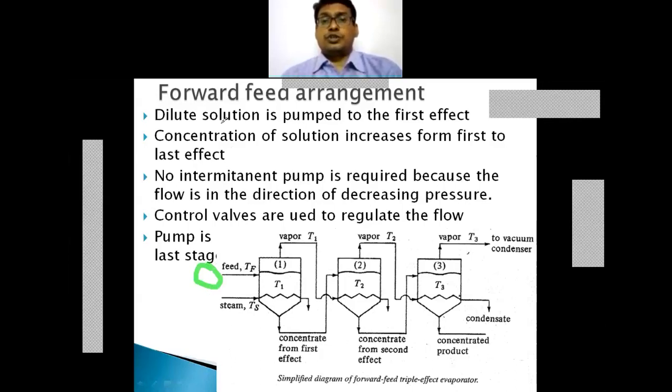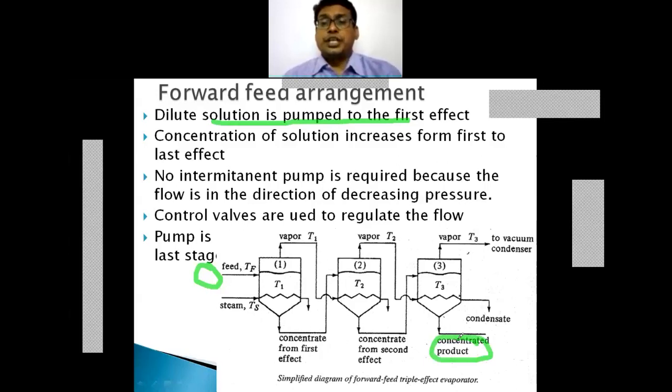Then the concentration of the solution increases from the first to the last effect as you move forward, so the concentrated product is obtained from the last effect.